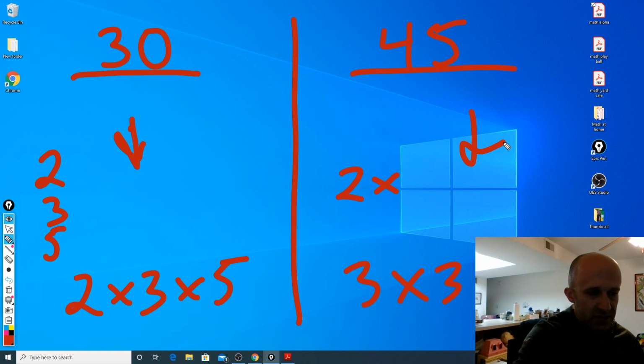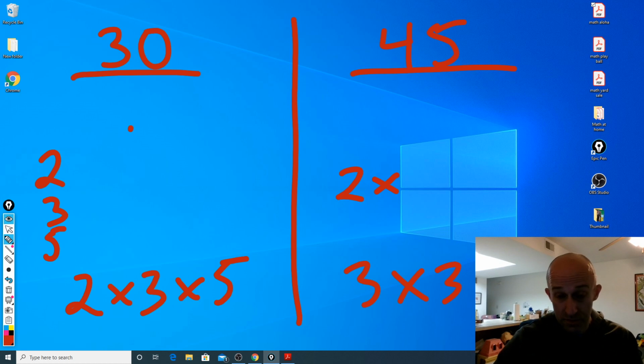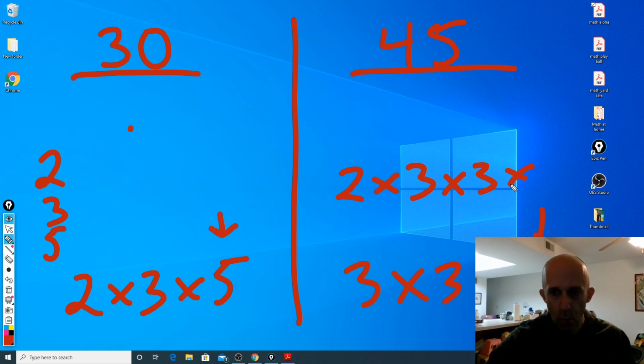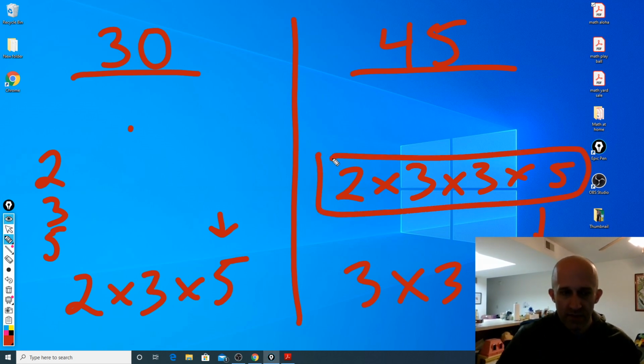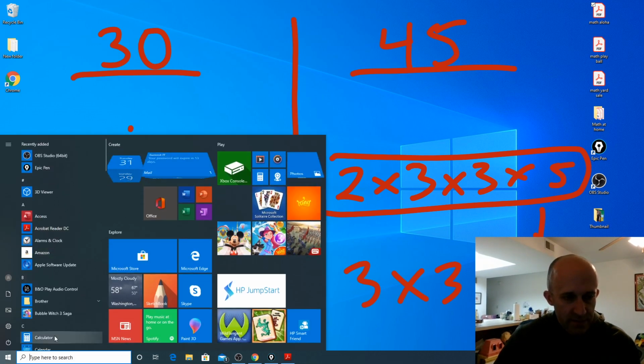The answer is you see 3 occur twice. 3 times 3. And then 5 occurs the greatest number of times is 1. So your least common multiple is whatever 2 times 3 times 3 times 5 is.